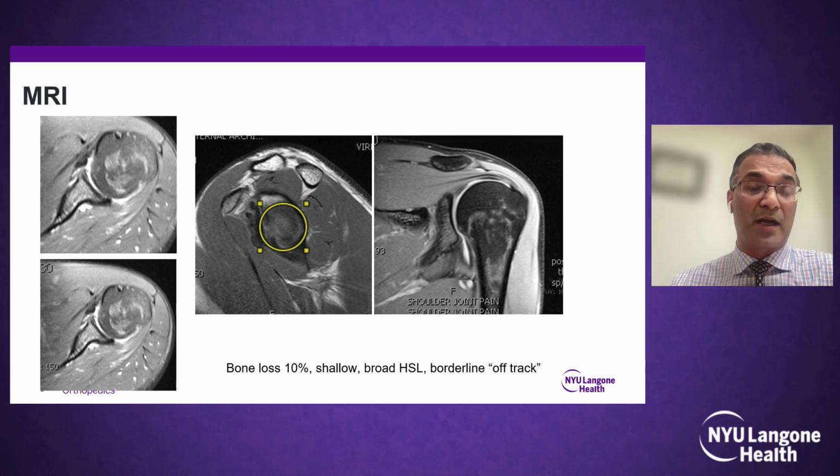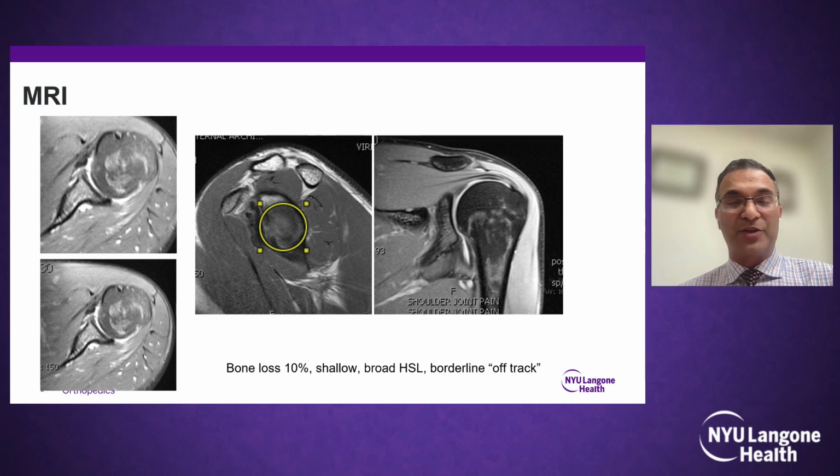The specific cuts on axial, coronal, and sagittal views are shown here, and basically show some amount of bone loss anteriorly using the perfect circle technique as described by my previous speakers. No Hill-Sachs lesion... no Hagl lesion, cuff seems to be intact. And it seems like he has a shallow, broad-based Hill-Sachs lesion based on the glenoid track measurements, borderline off track.